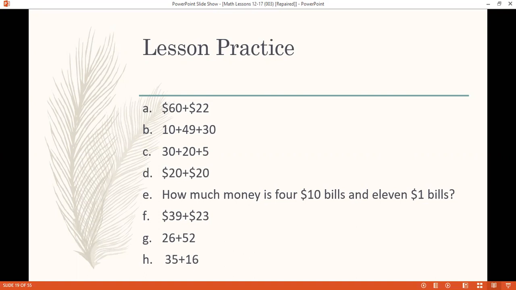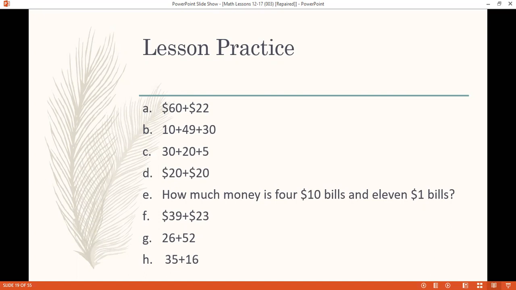You can pause the video now and do it. On the back of the paper, on number 23 through 30, writing A through H. And I'm going to move on, and I will do number C.